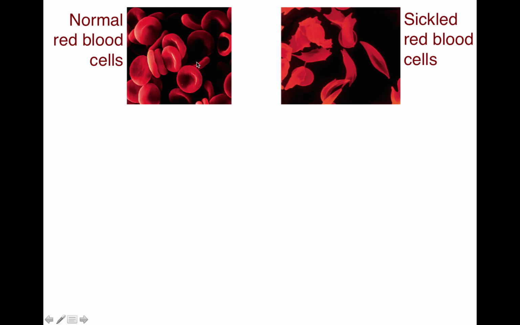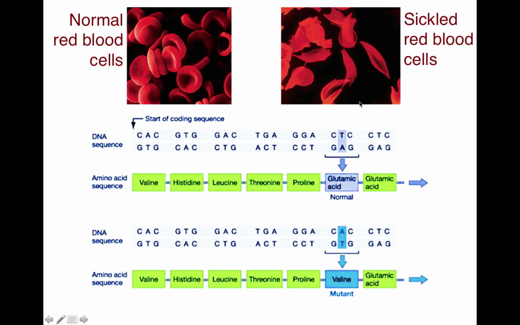This is what normal red blood cells look like. They look like little frisbees. When you change that single nucleotide and a single amino acid, you end up with these misshapen red blood cells. This is the substitution that occurs.